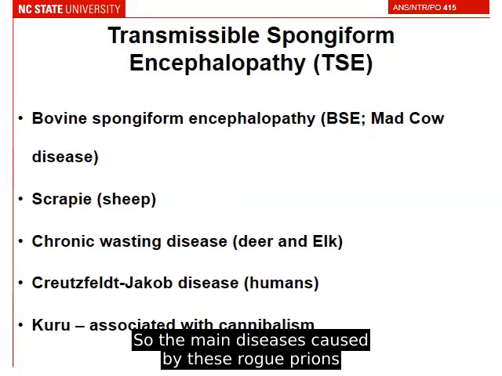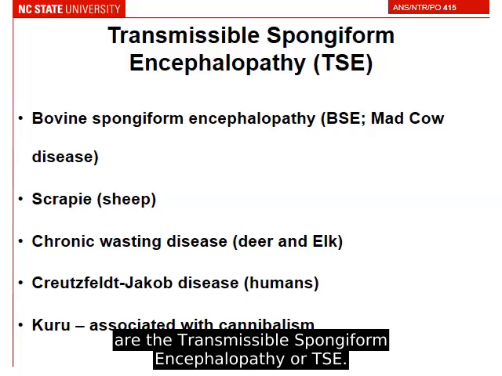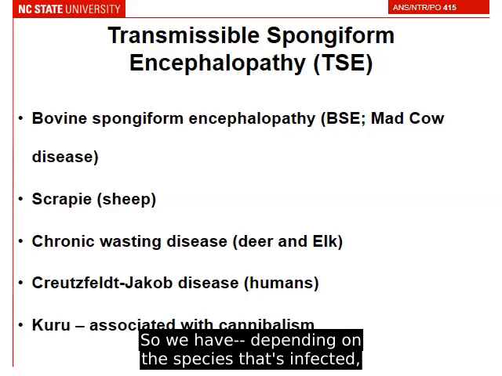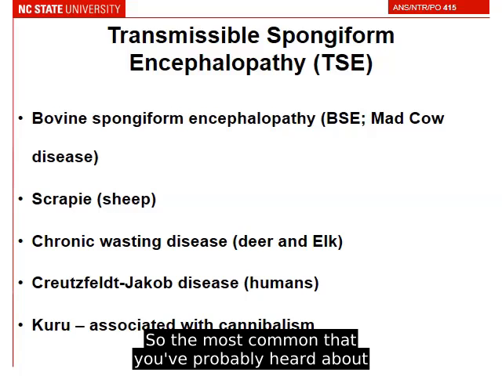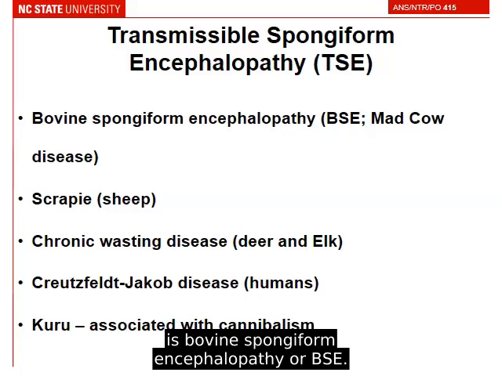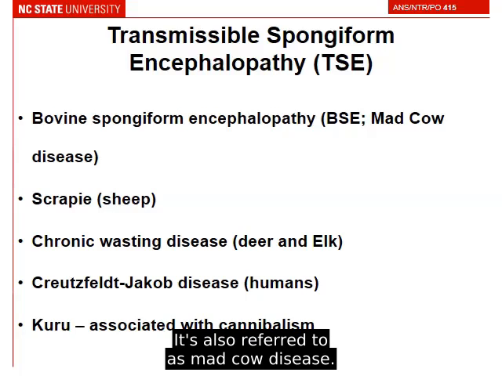So the main diseases caused by these rogue prions are the transmissible spongiform encephalopathies, or TSE. Depending on the species that's infected, we have different terms. The most common that you've probably heard about is bovine spongiform encephalopathy, or BSE. It's also referred to as mad cow disease.